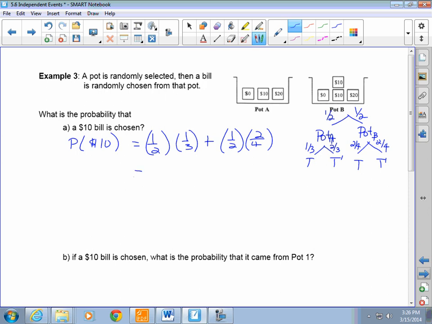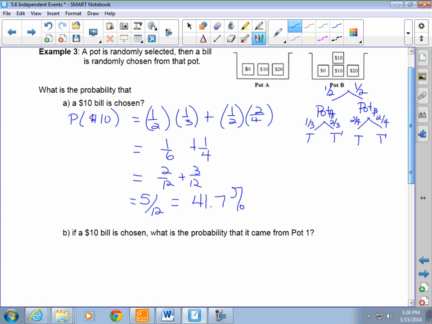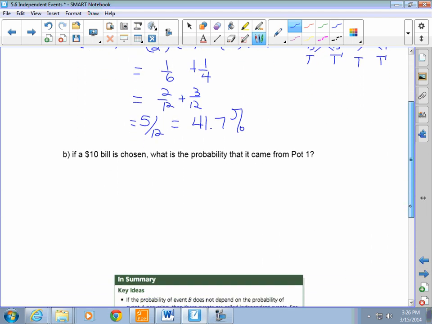So this is 1/6 plus 1/4, which is the same as 2/12 plus 3/12. So 5 out of 12 is equal to 41.7%. So you have almost a 42% chance that you're going to pick a $10 bill, if it doesn't matter which pot you choose from first.